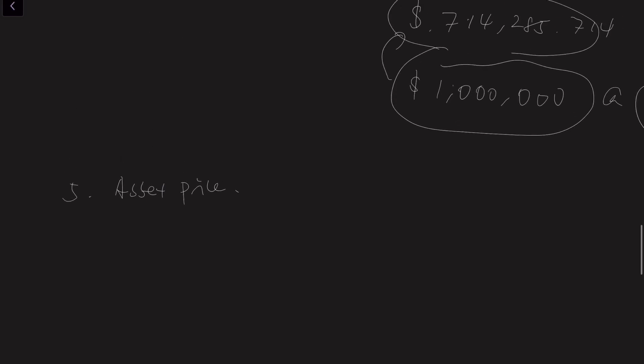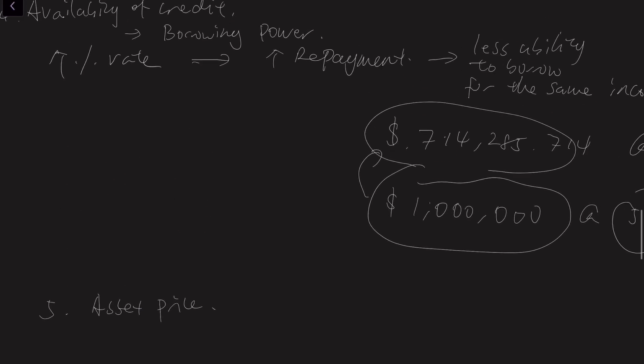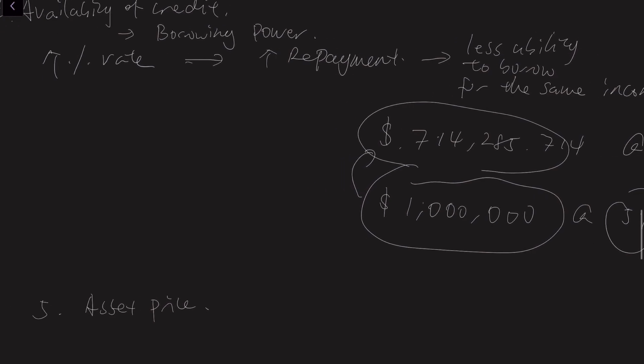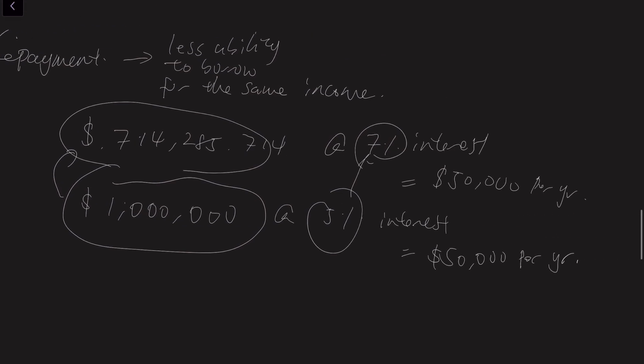The last channel is asset price, which links nicely to what I have talked about house price before. Oh, also maybe I need to establish the link. So you have less ability to borrow, thus you have less purchasing power. So it reduces consumption, reduces investment, reduces AD.